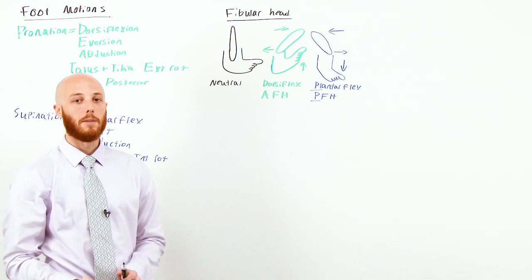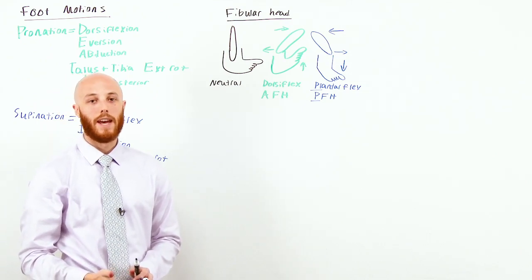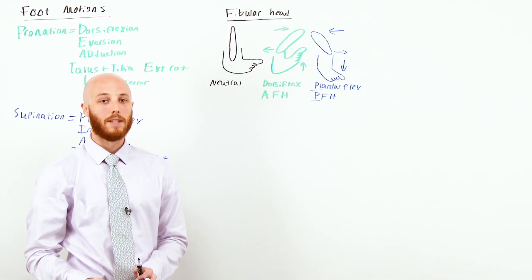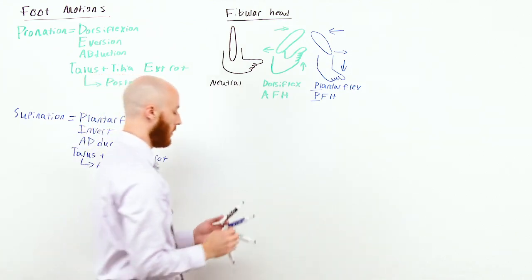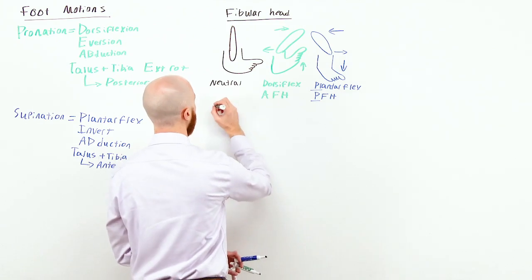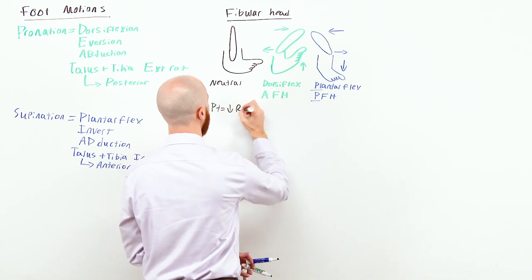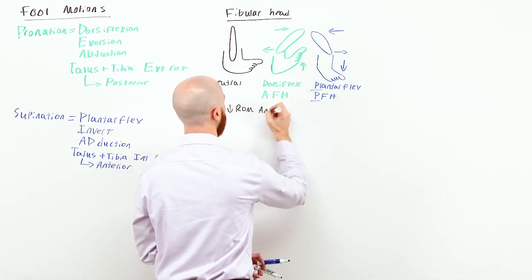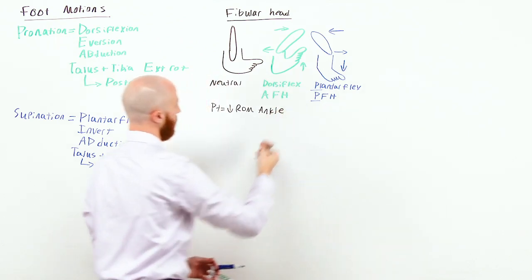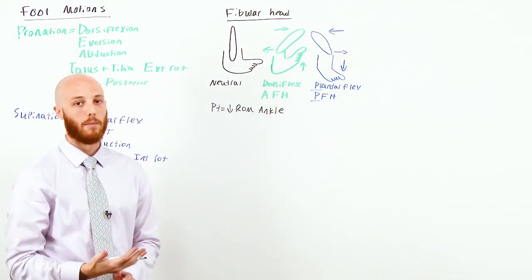So what are you going to see in a patient that has some sort of fibular head dysfunction? They'll potentially have some decreased range of motion in their ankle, which is because the fibular head is not moving properly.